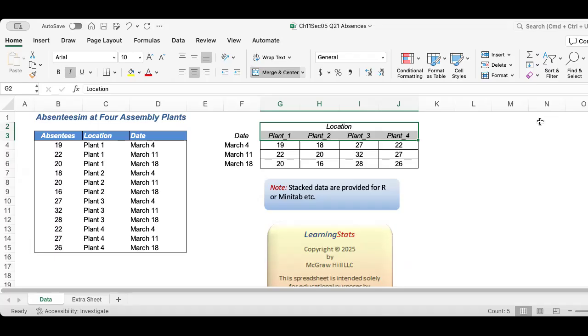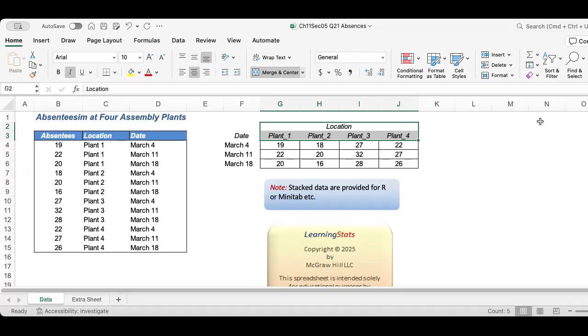So I don't know where these plants are, but it might be, Jeanette and Delmont and Pittsburgh and Latrobe all have the same absenteeism. Yes or no? Alternate hypothesis then, at least one plant has different absenteeism.